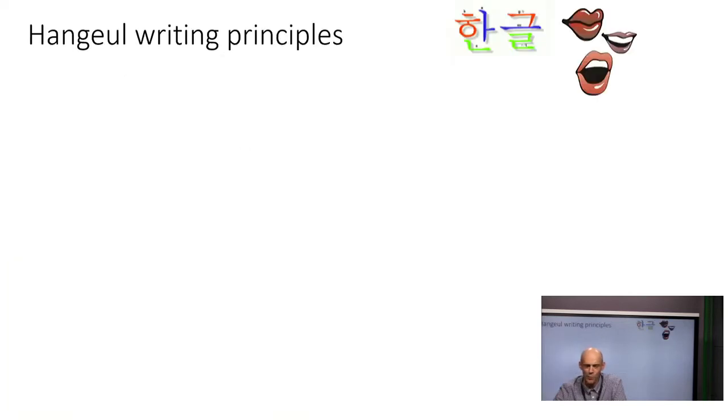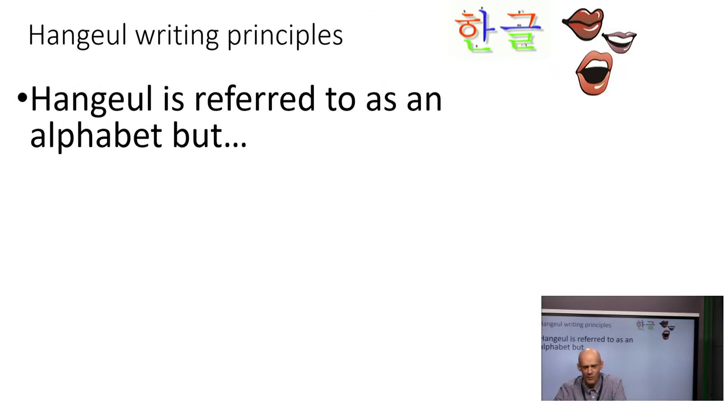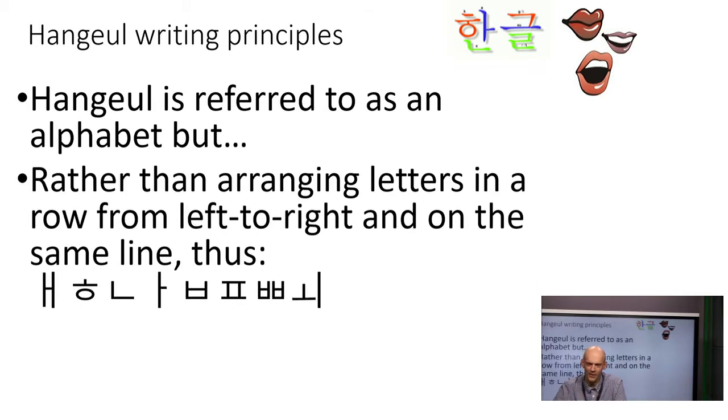Okay, firstly, a few principles, and you should bear in mind that hangeul is often referred to as an alphabet, but one difference between the hangeul alphabet and, say, European alphabets is the vowels and consonants are not arranged in the same way.